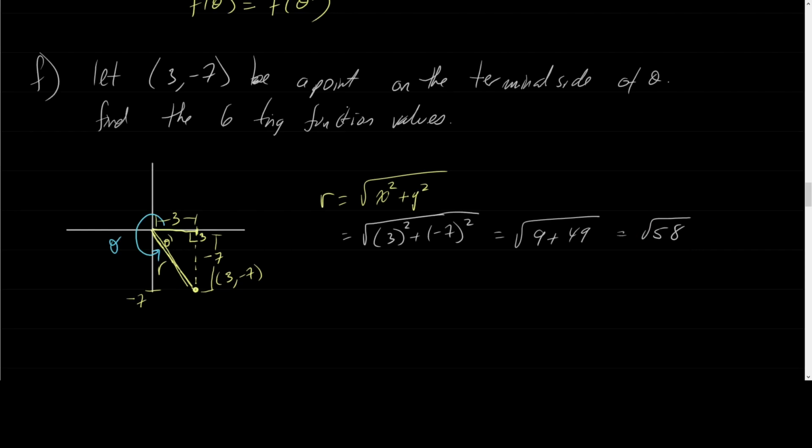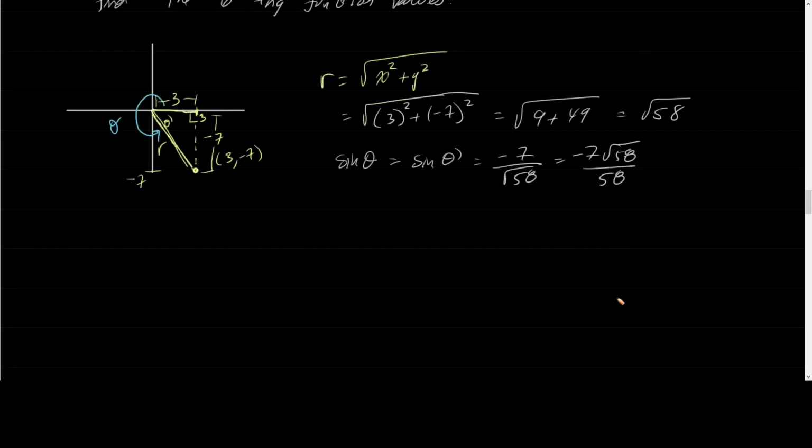Now we can think of this as just right triangle trigonometry. Sine of theta would be sine of theta prime, which is opposite over hypotenuse, so negative 7 over the square root of 58. In other words, negative 7 radical 58 over 58, because I'm rationalizing this, and that doesn't reduce.